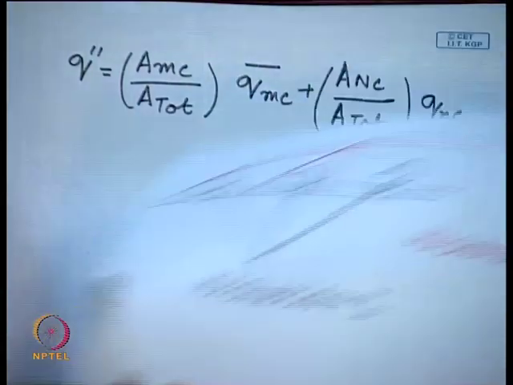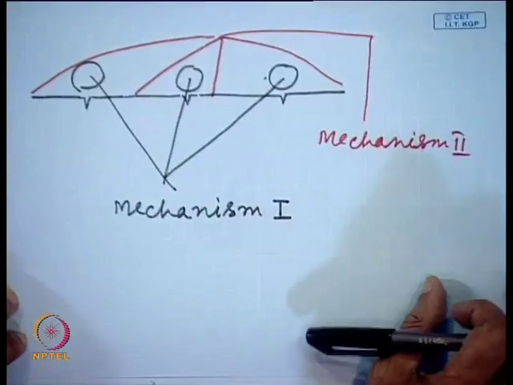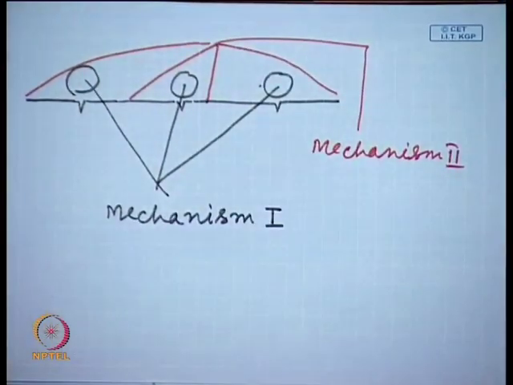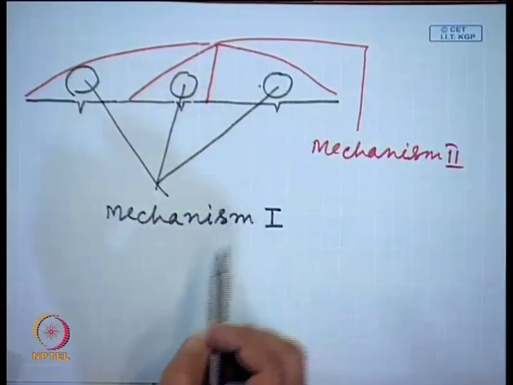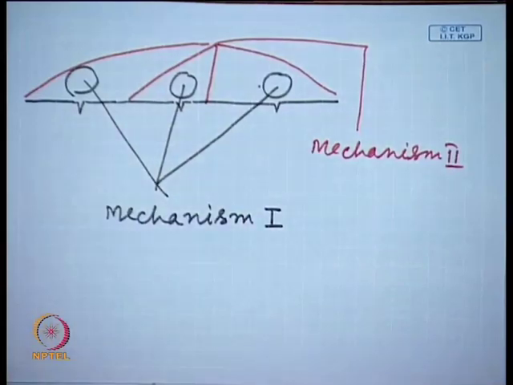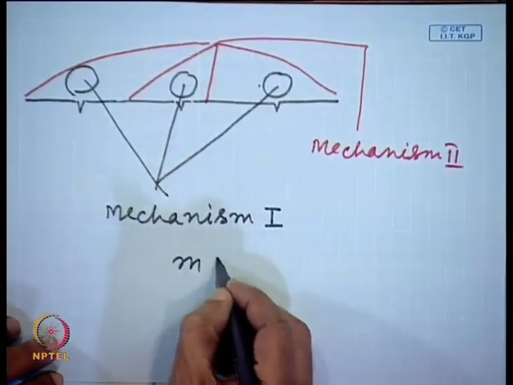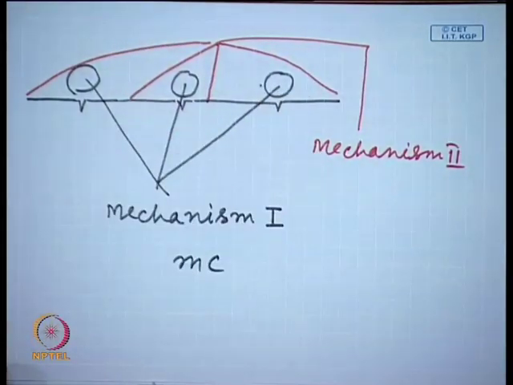We can assume that there are two mechanisms working side by side. One is microconvection, which I have called the mechanism 1. See, the bubbles are moving, so there is some sort of microconvection. Even one can involve the latent heat of vaporization in this mode of heat transport.